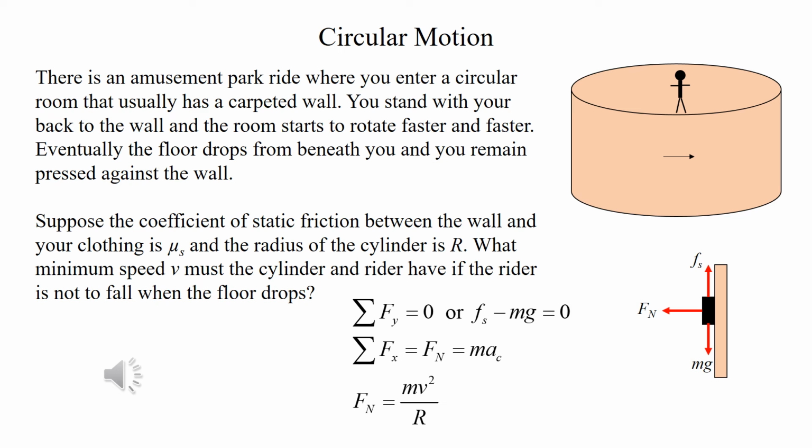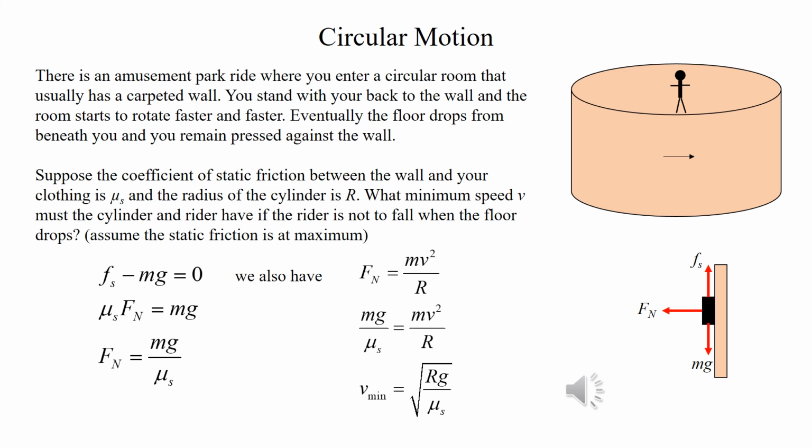All right, so now we can get the coefficient of static friction, and we'll do that in the next picture. So we have the normal force equals mv squared over r. And then we also have that the static friction minus the weight, mg, equals 0.